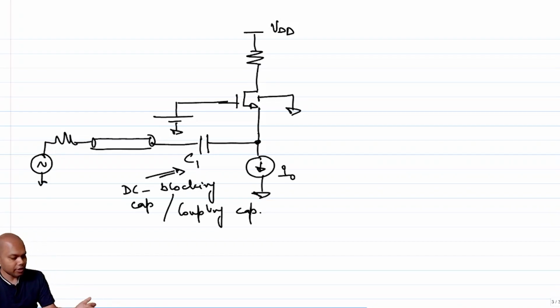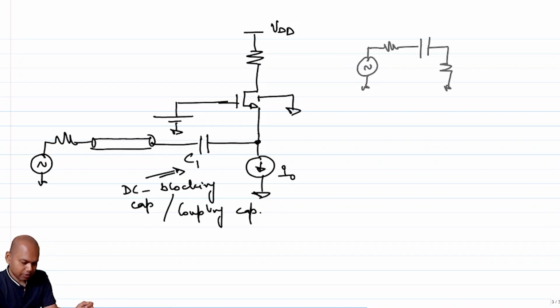So how do I decide on the value of any capacitor when I have to pass a certain signal of a frequency and prevent the DC from going through? For example, let's say I call this R1, I call this R2, and I call this C. So how do I decide the value of this capacitor C so that it acts as a short circuit to the frequency of interest and blocks the DC?